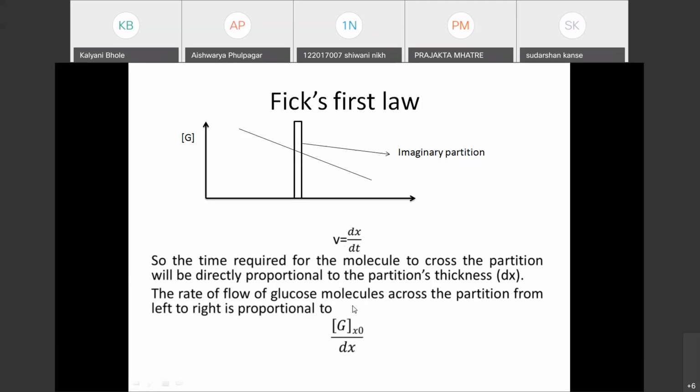It is like charge in units of coulomb; similarly, here it is the glucose concentration upon the thickness, where G at x0 is the concentration of glucose at x0.